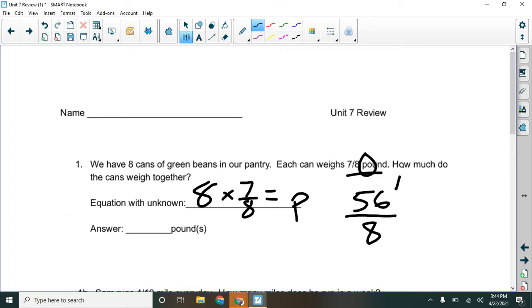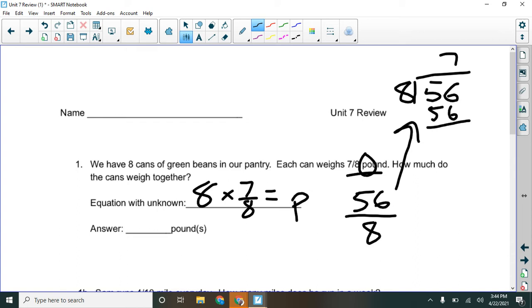This is just a little division problem like that. 56 divided by 8. How many 8s are in 56? 7, right? With none left over. So there's no mixed number here. This just equals 7. 7 pounds.